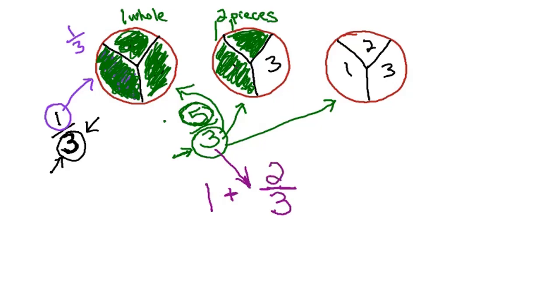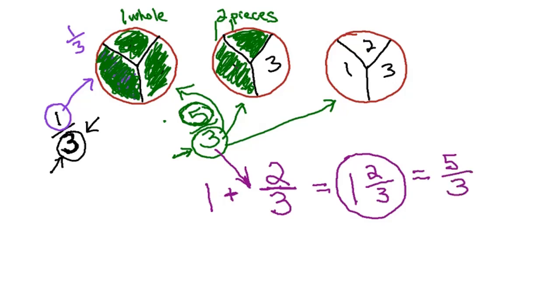So that's 1 pizza and 2 pieces out of 3 pieces of that second pizza. So that's 1 2/3, which is the exact same thing as 5/3. Exact same thing, just 2 different ways to write it.